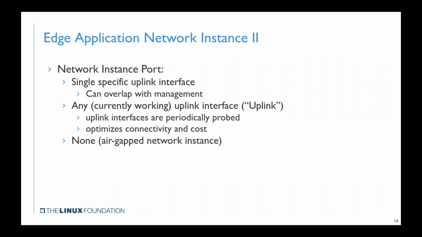If you don't care which uplink interface is used, then you can choose an option to use a constant uplink, which means that any working uplink interface will be used. And EVE will be periodically testing all the uplink interfaces, and it will choose the one which is working, while optimizing to choose the one with the lowest cost.